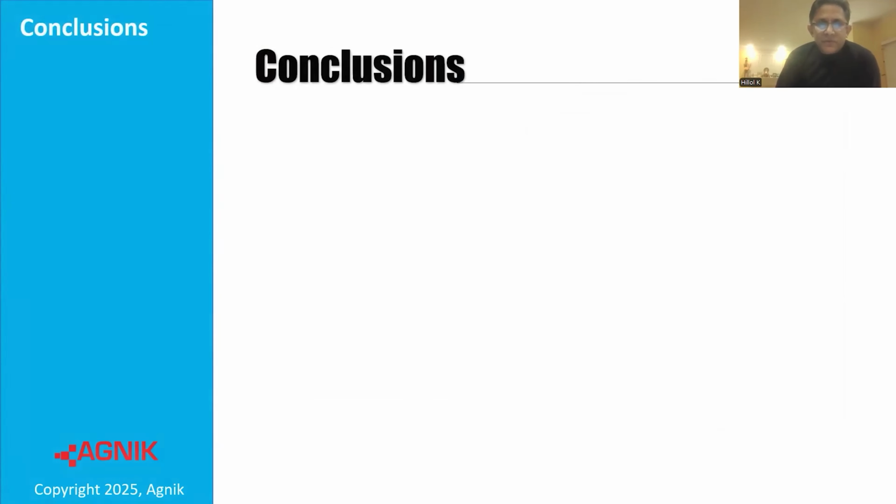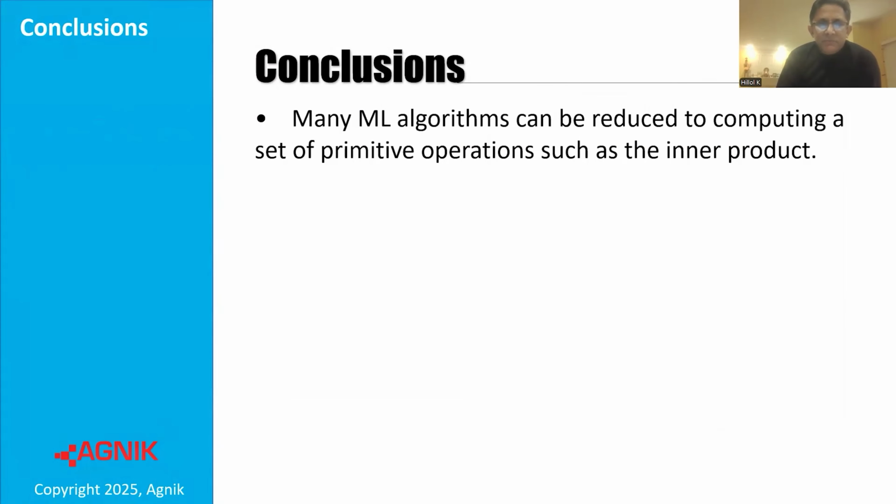All right. So finally, the conclusions. Item number one: inner product computation is almost ubiquitous, and many machine learning algorithms can be reduced to computing a set of primitive operations such as the inner product.